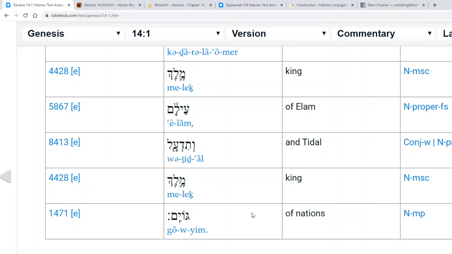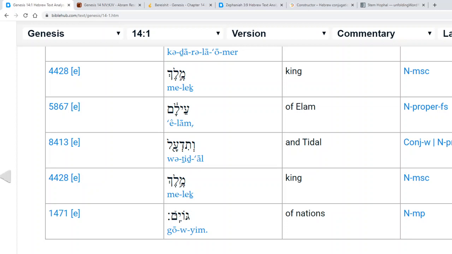Melech Goyim, and here the word Goyim seems to be used as a proper noun, not the word as it means, but obviously Goyim is the nations, right?